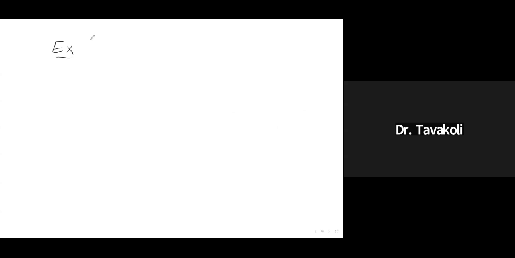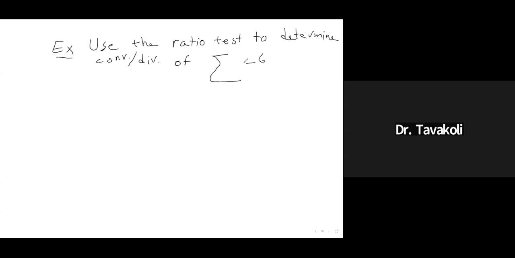Use the ratio test to determine convergence or divergence of the sum of minus 6 to the power of k over k factorial, as k runs from 1 to infinity.